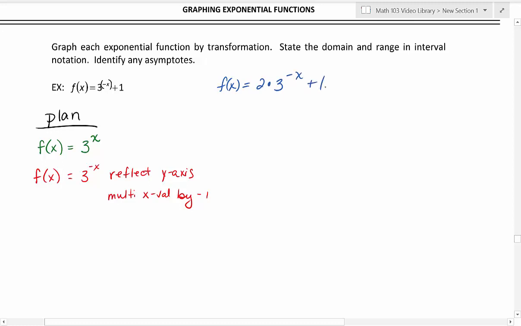It would have to be really obvious with parentheses around the 3 to the x or a multiplication dot as I've written it. So that 3, part of the parent function, not a transformation. The only other transformation we have is that +1 on the outside. And we know that +1 on the outside tells us that we need to shift our graph up 1.